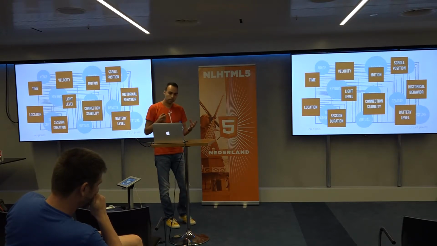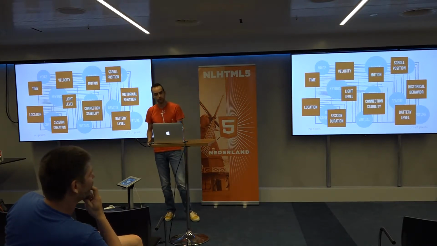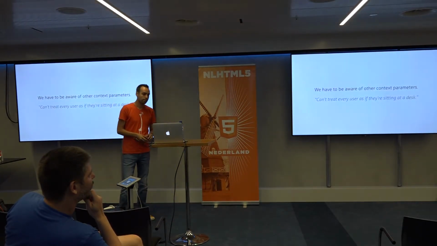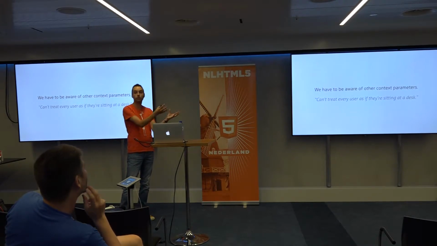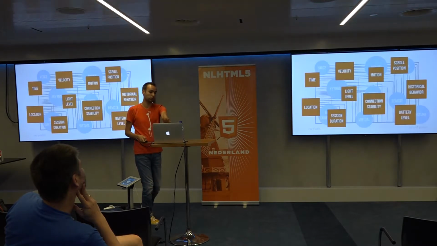So this data will help us, on top of the other data, to better determine the user's context. Those are the other context parameters. I've got some on this slide, but I bet there are more.